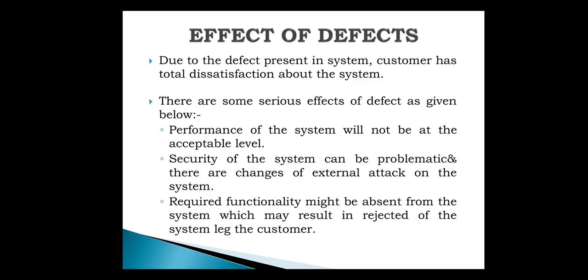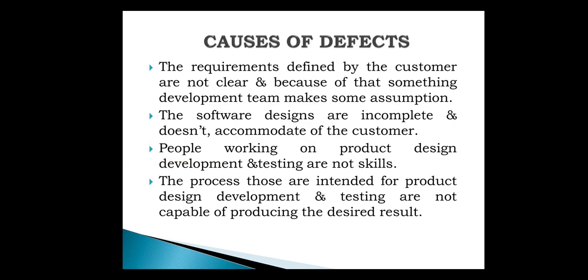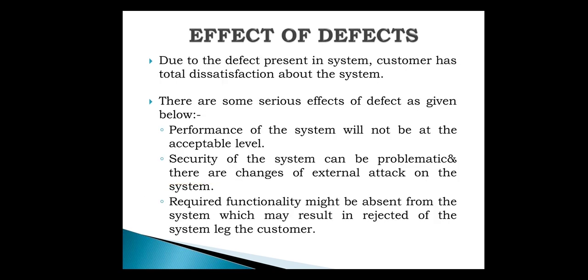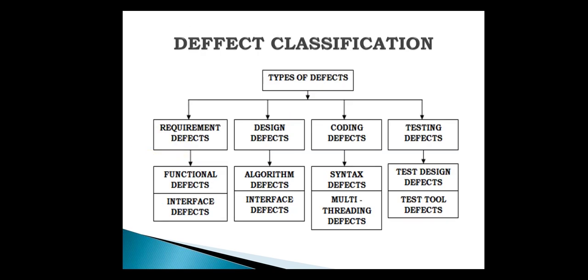Okay. Next is causes of defect. Why does the defect occur? Sorry, we have already seen the causes of defect. Next, we'll see the defect classification. Basically, defects are classified into four types: requirement defect, design defect, coding defects, and testing defects.